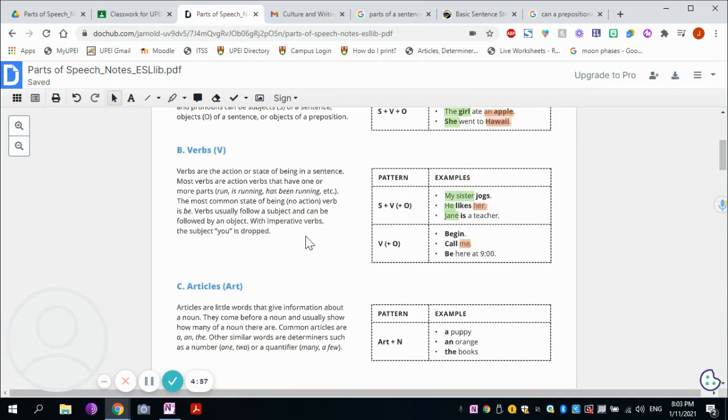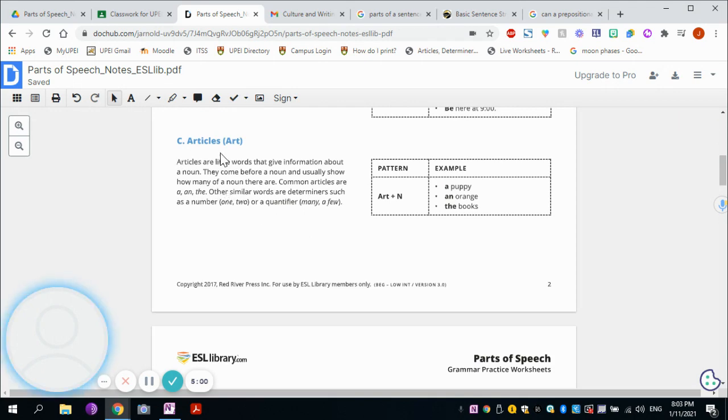Okay. C, articles. Articles are little words that give information about a noun. They come before a noun and usually show how many of a noun there are. Common articles are a, an, and the. Other similar words are determiners, such as a number, 1, 2, 3, 4, 5, etc., or a quantifier, many, a few.